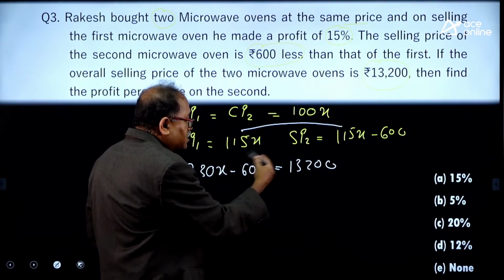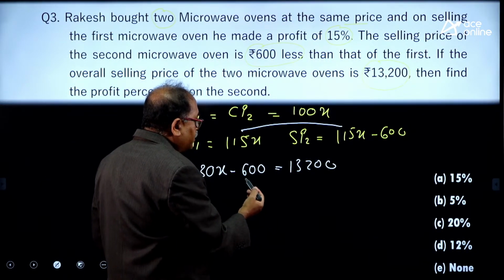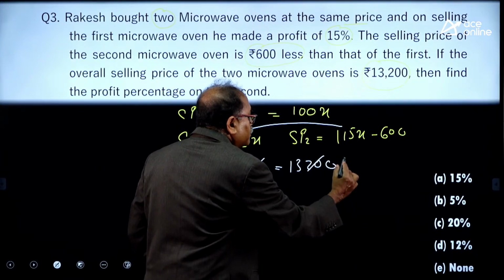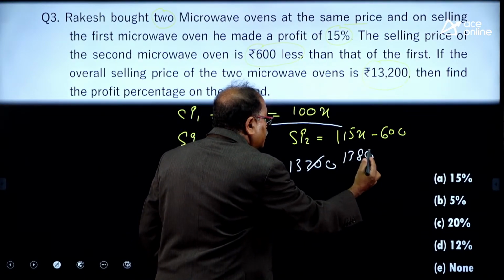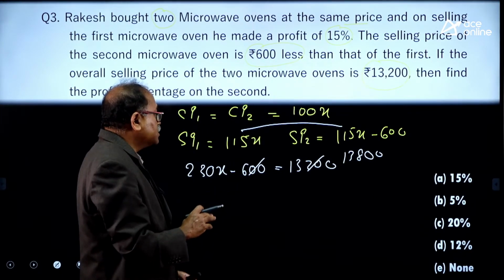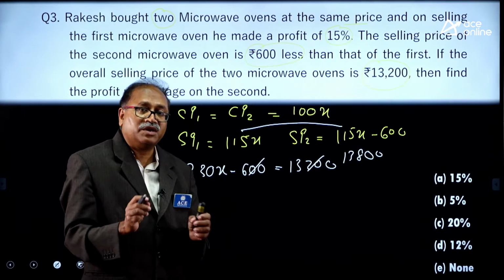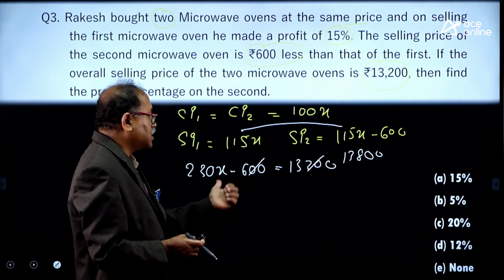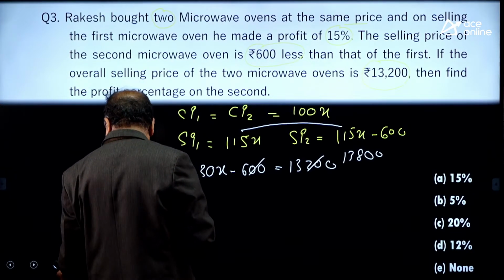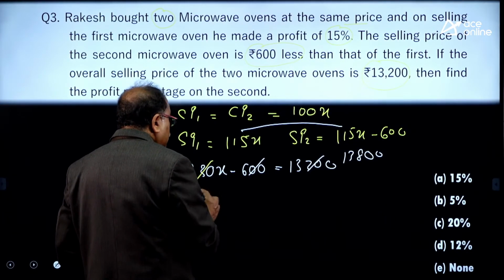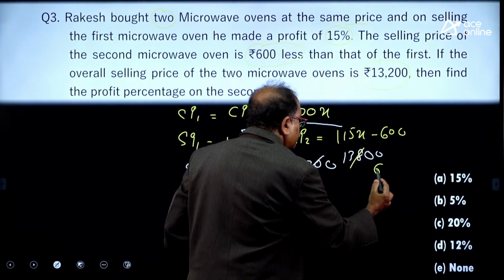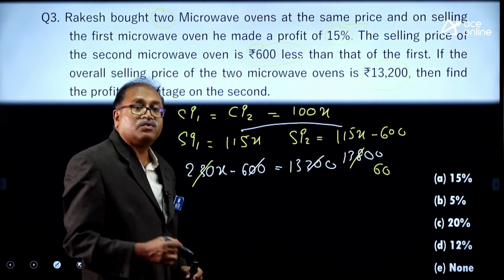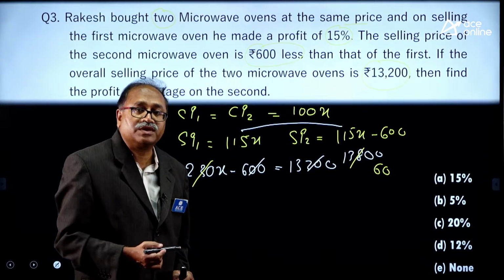So, if this comes the other side, it will become 13,800. Now, will this 13,800 get cancelled by 230? I can see that it is getting cancelled 60 times. So, what is the x value? The x value is 60.